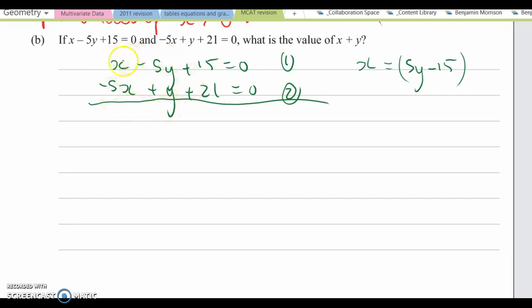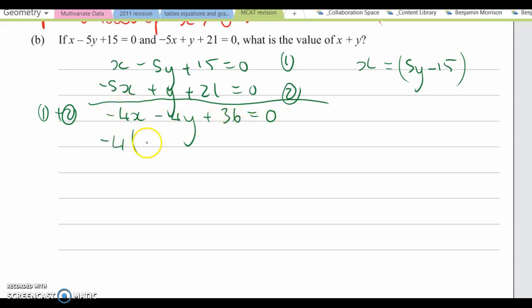If I look at these two, if I just add these, if I just go 1 plus 2, I would get minus 4x and minus 4y plus 36. And I can see that there's a common factor of 4 in all of those.